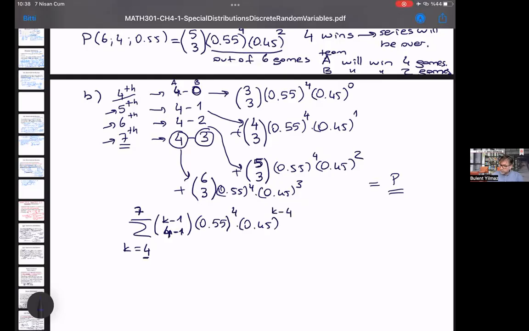So for example, here K is 5, and this is 4, this is K minus 4, right? So you can write the probability like that.